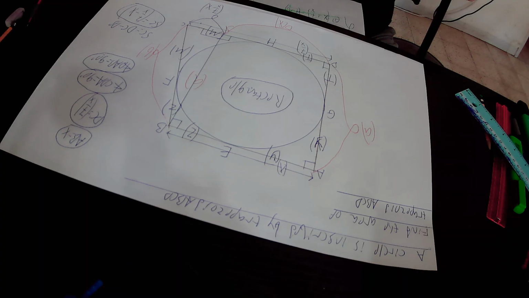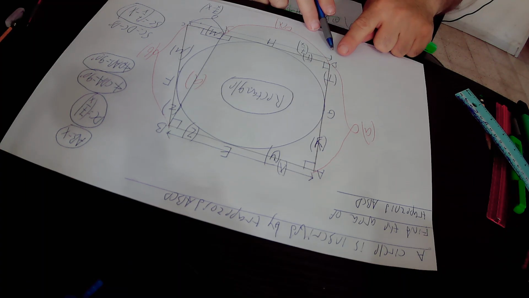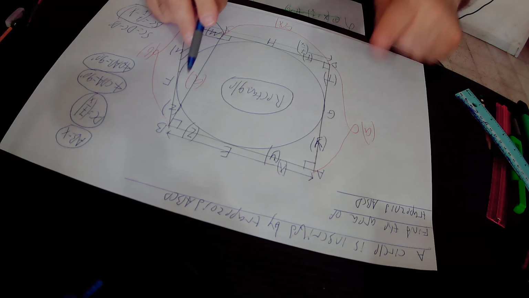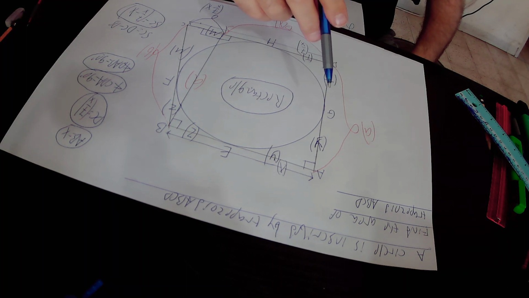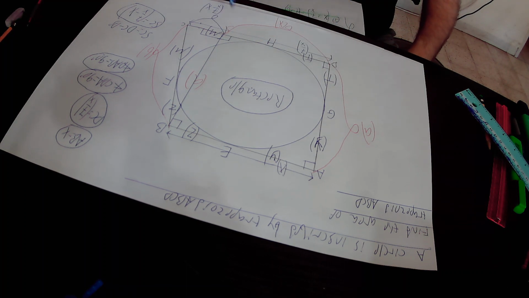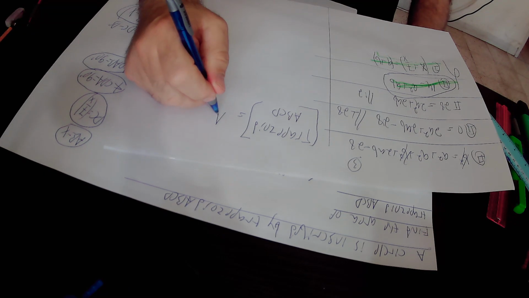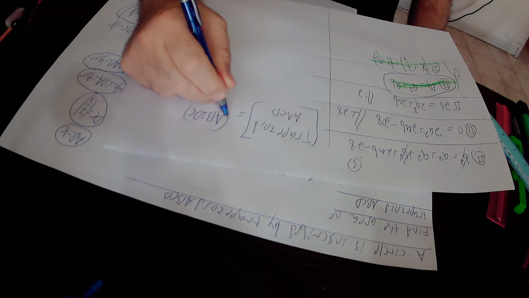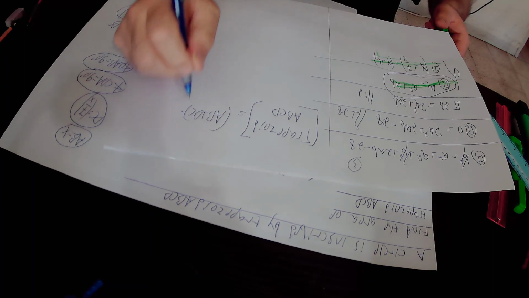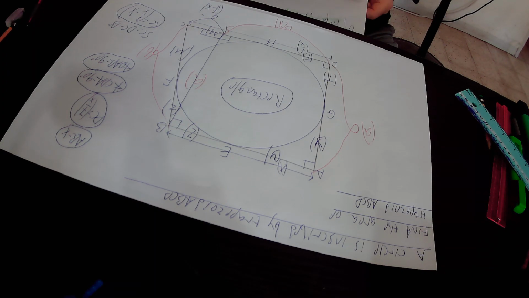So in conclusion, DC is parallel to AB, and therefore the two bases of this trapezoid ABCD are AB and DC, and the sum of the two bases is AB plus DC. The area of trapezoid ABCD equals the sum of the two bases times the height over 2. The height must create 90 degrees with the two bases.